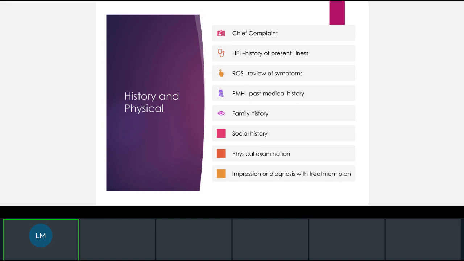Then they talk about the history of their present illness, or their HPI. The history of the present illness gives a time frame to what is going on with that patient. If they've got abdominal pain and vomiting, somebody would have to log when it started and what kind of symptoms you felt when it came on.